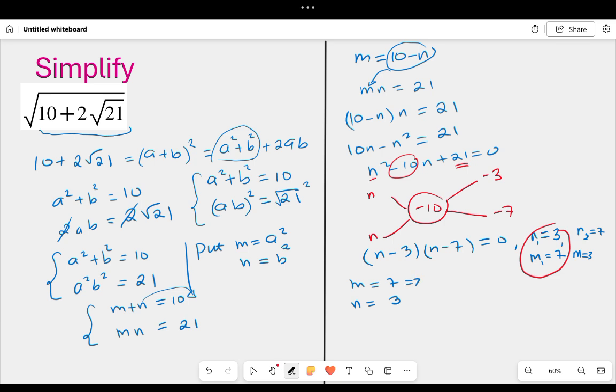So a squared is equal to 7, and b squared is equal to 3, which means a is equal to the square root of 7, and b is equal to the square root of 3.